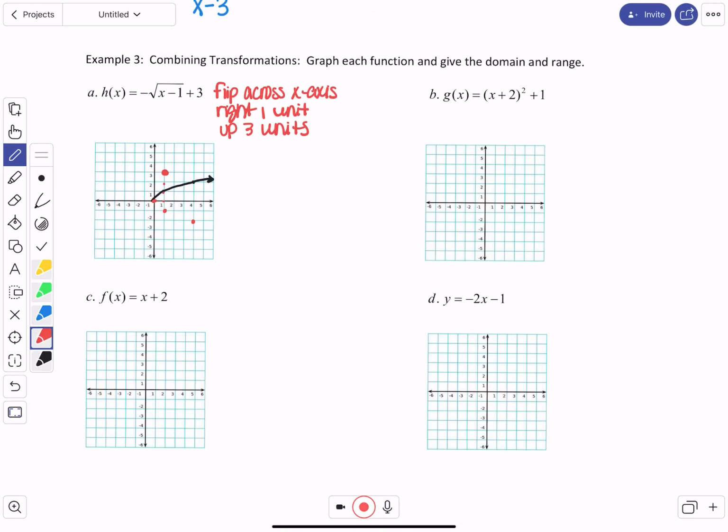And we go right 1, 1, 2, let's see, 1, 2, 3. And then right 1, up 1, 2, 3. There's our graph.